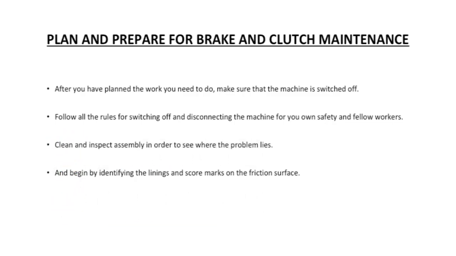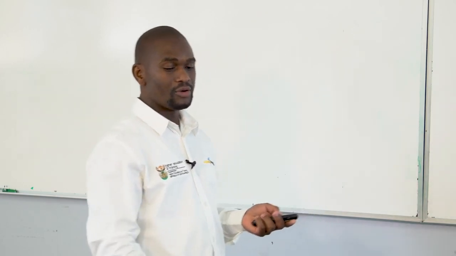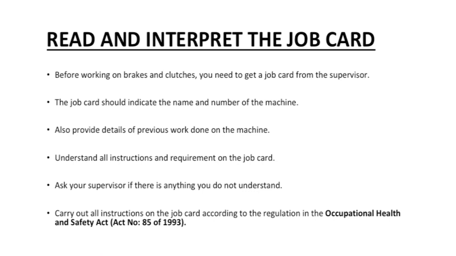Follow all the procedures of switching off and disconnect the machine for your own safety and fellow workers. Clean and inspect the assembly in order to see where the problem lies, and begin by identifying the linings and scar marks on the friction surface. So that is how we plan and prepare for brake and clutch maintenance.